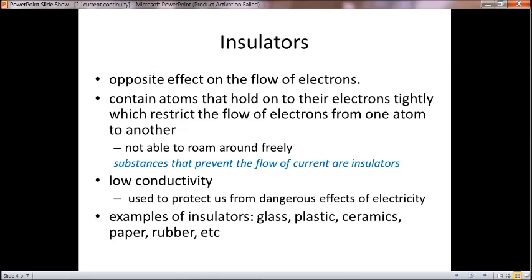No electron is allowed to freely roam around. They have low conductivity, so insulators are used to protect us from the dangerous effects of electricity. Examples of insulators are glass, plastic, ceramics, paper, rubber, etc.